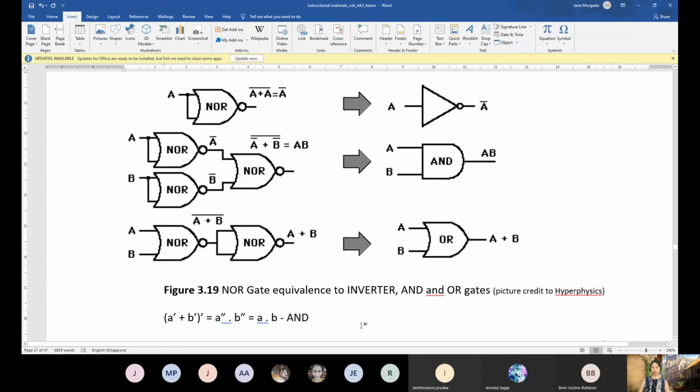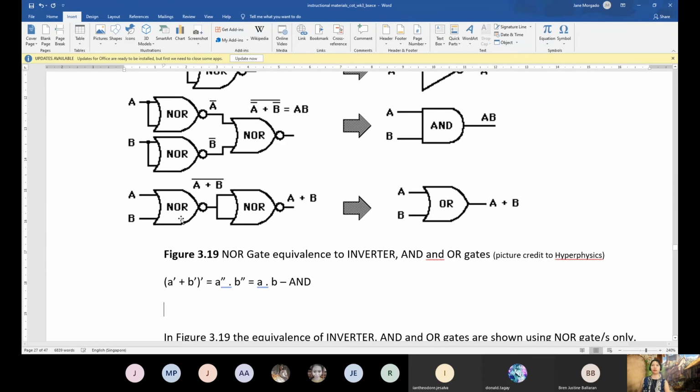How about the equivalent for OR? The equivalent for OR is NOR followed by another NOR, configured as inverter. So we have A plus B, and then invert A plus B, because this is actually an OR followed by an inverter.